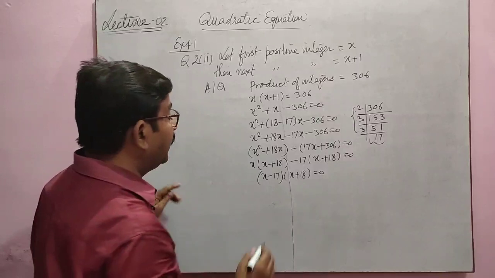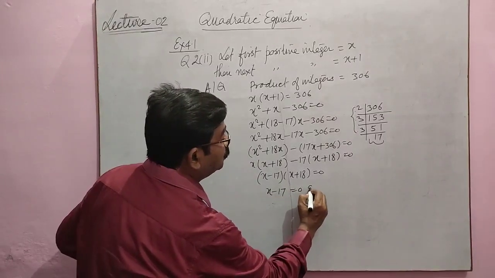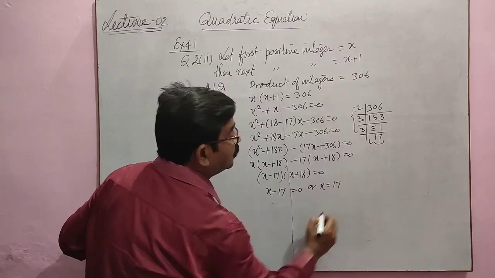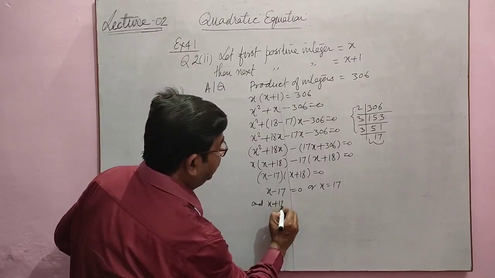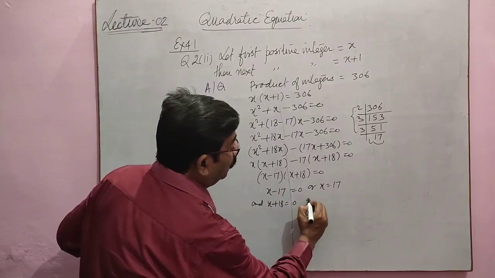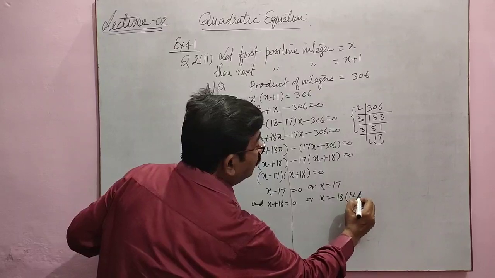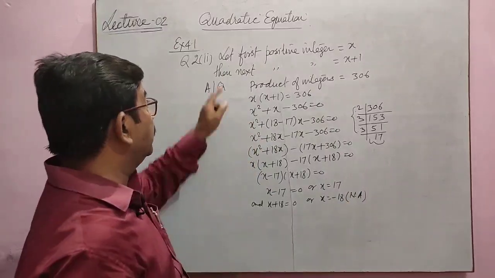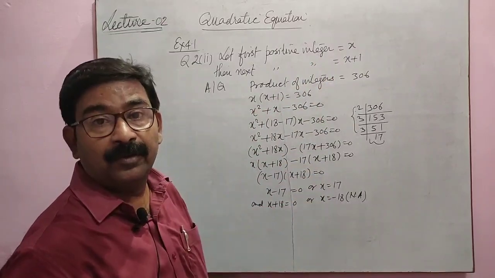Get the value of x. So x - 17 = 0, or x = 17, and x + 18 = 0, or x = -18. This is not applicable. Why? In the question we are given a positive integer and this is negative.